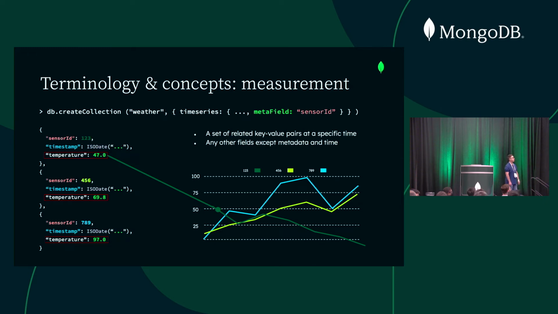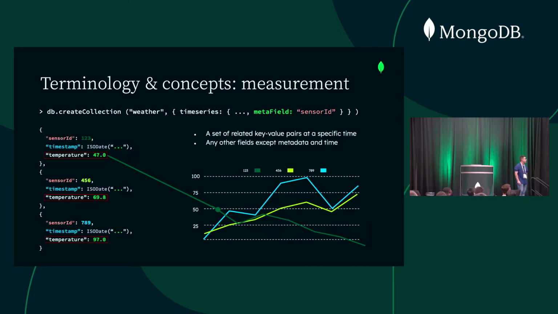And a measurement is, in its simplest terms, anything aside from the metaField and time field, or a set of related key-value pairs at a specific time. In this same example, it's just the temperature value. Now, like the document model in the metaField, this can be just as adaptive as you want it to be. It can be an embedded document, arrays, a bunch of nested values, it doesn't matter.